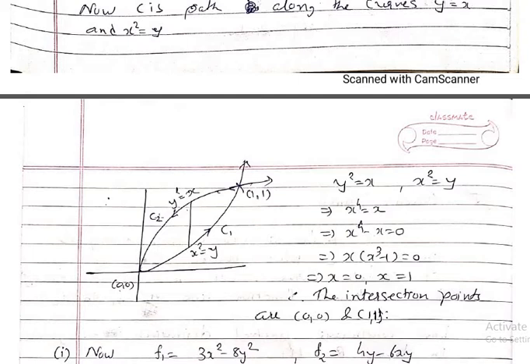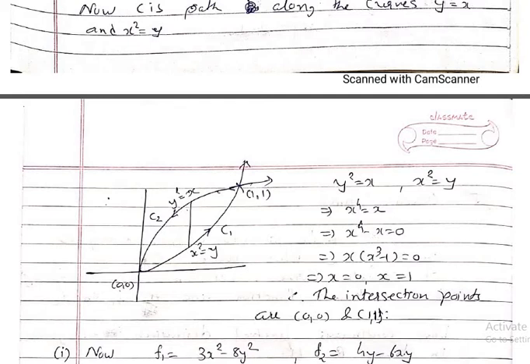Secondly, whenever we take line integration, we take it in an anti-clockwise direction. So first we go along C1 and then we return along C2, because whatever point we start with, we have to reach that same point, as we are taking a closed integration.